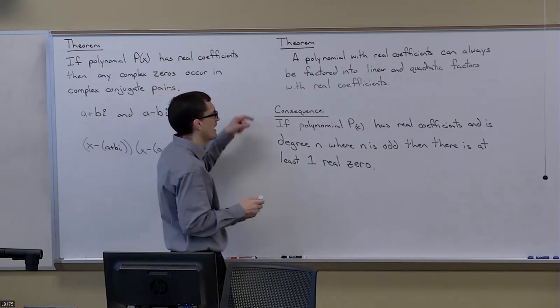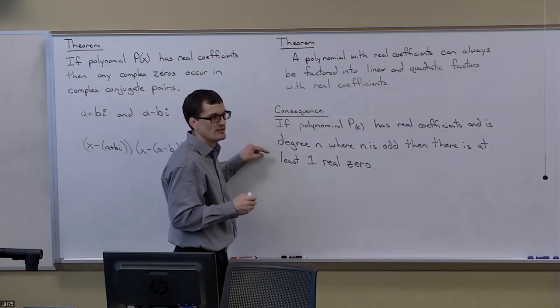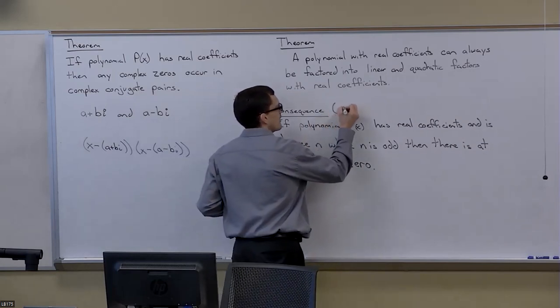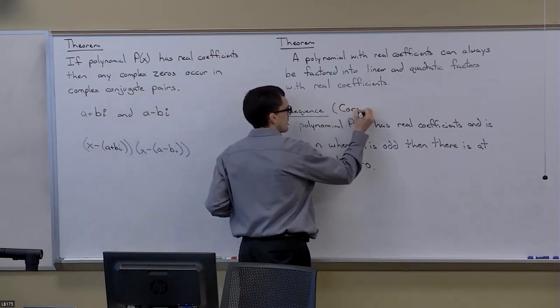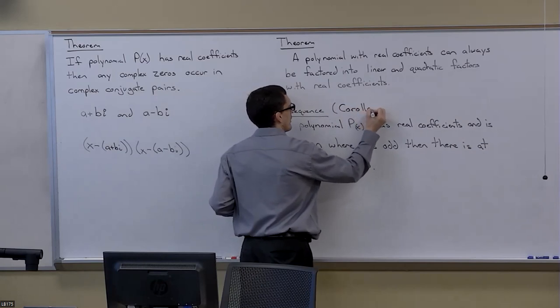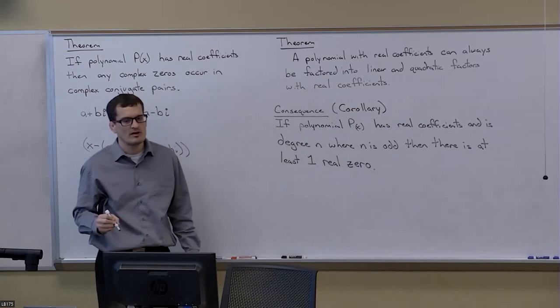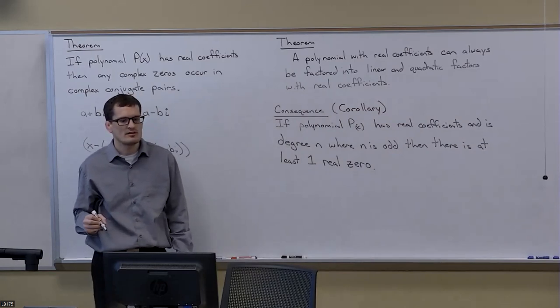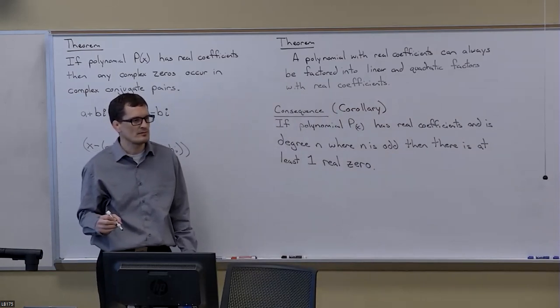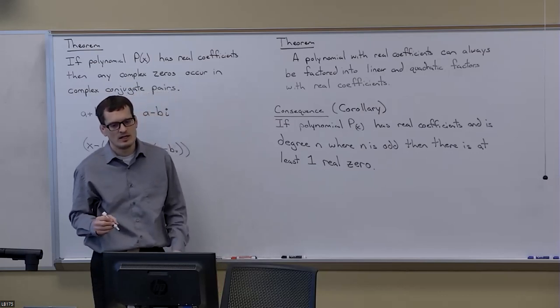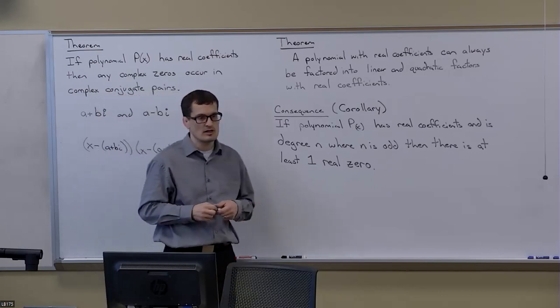By the way, a consequence statement in mathematics is often called a corollary. That's just a fancy word for, oh, this comes right from the thing we just talked about. Corollary.